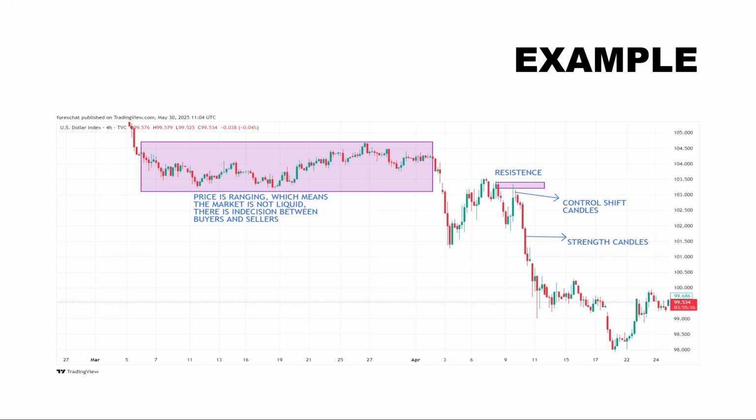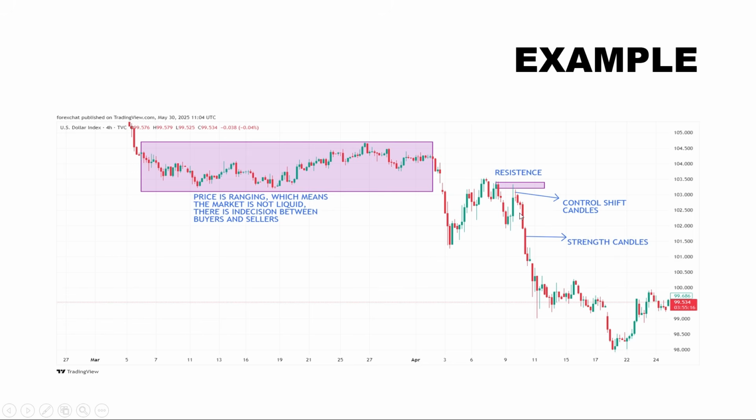That is the first sign that you get that the sellers are now taking over, right? And then we have a second candle with a very small body and very long tails. It's another confirmation to tell you, you know what? The sellers are really trying to take control of this market.